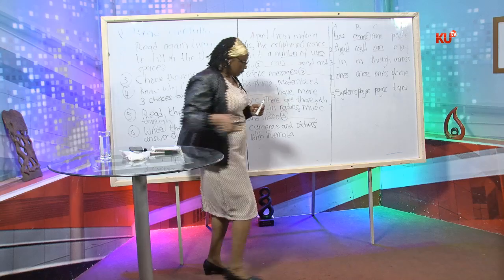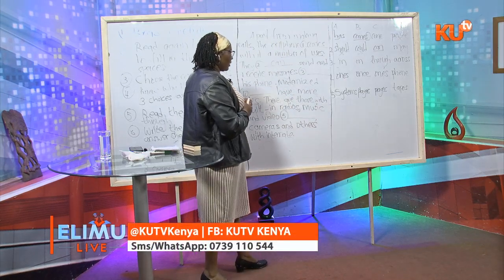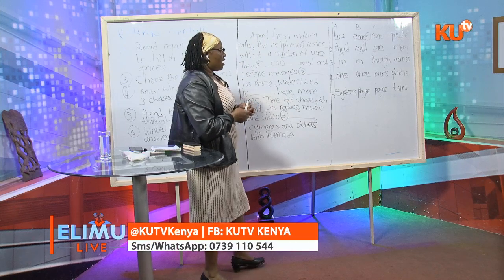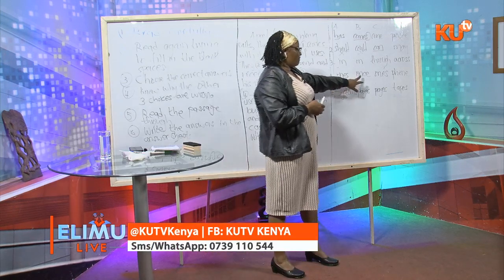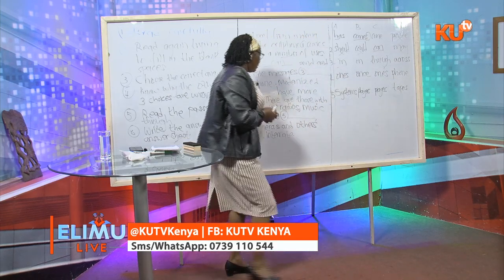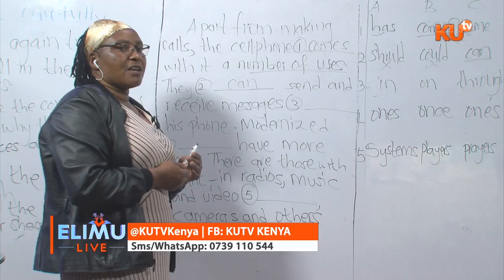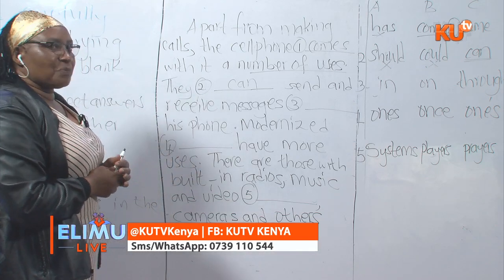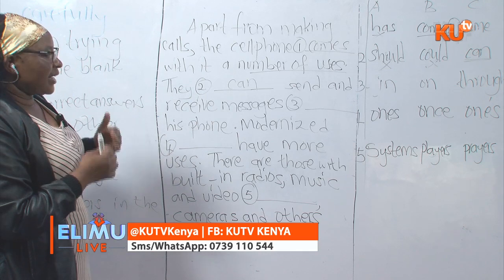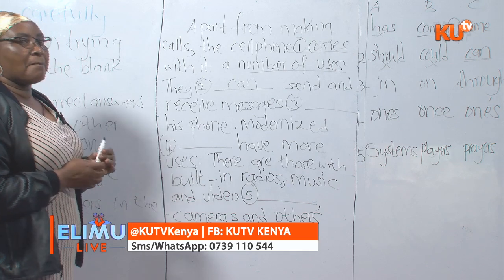So we are on number 4. The choices for number 4 are once, with an apostrophe, and phone. So we are supposed to choose an answer that shows us something which is specific, because we are selecting a few mobile phones or cell phones among many.